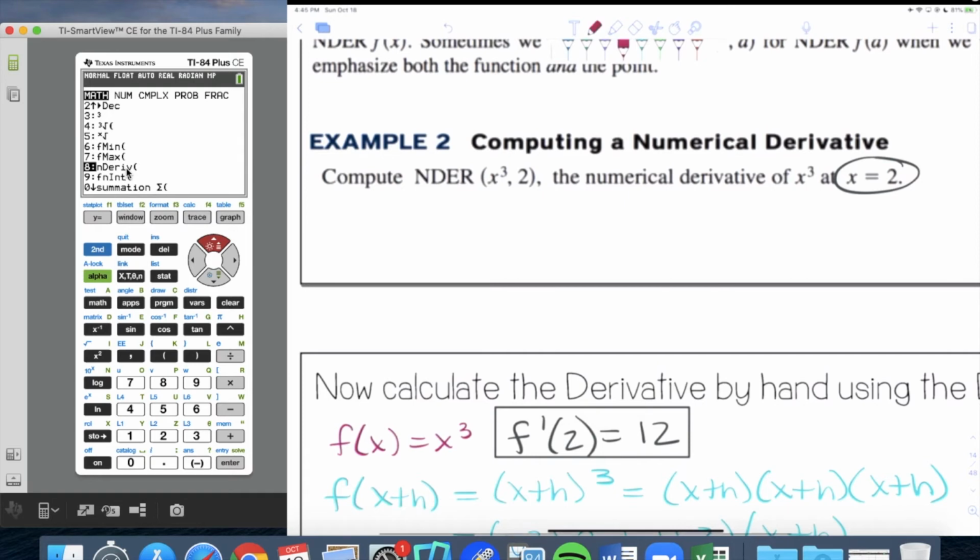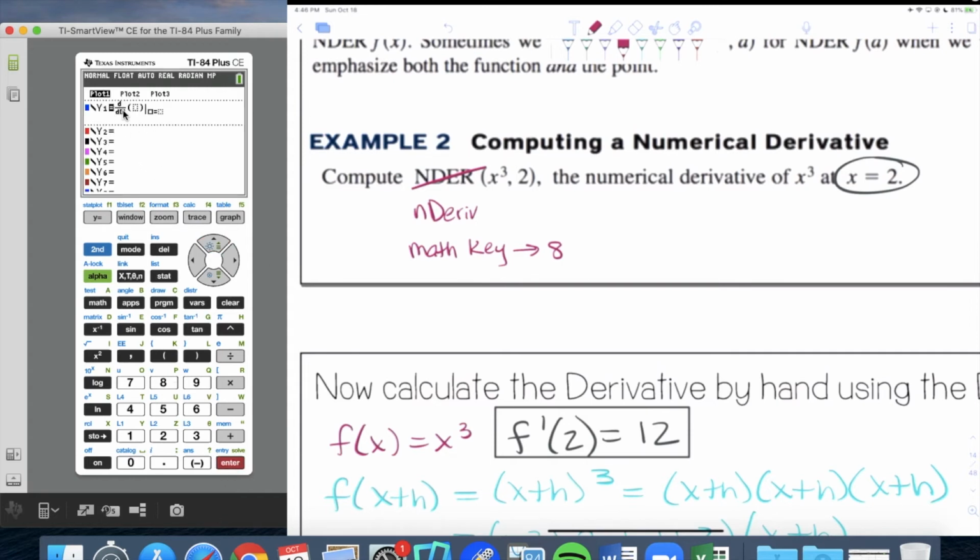It's old school, but nDeriv is under the math key, and on most calculators it's probably number 8 or so. It's not every calculator, but there we are. So nDeriv, we're going to type that in, and look at what loaded up.